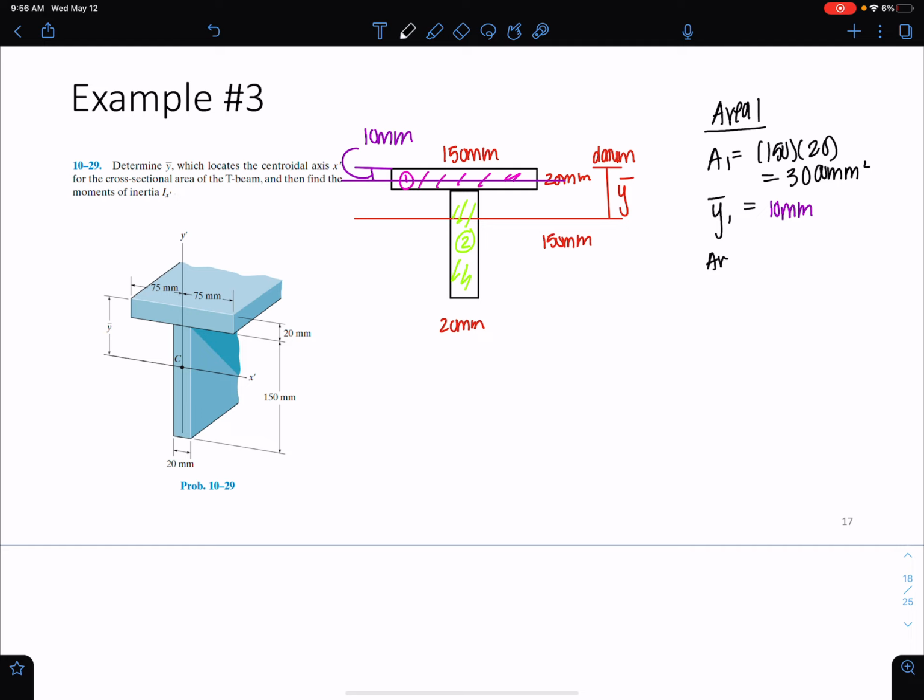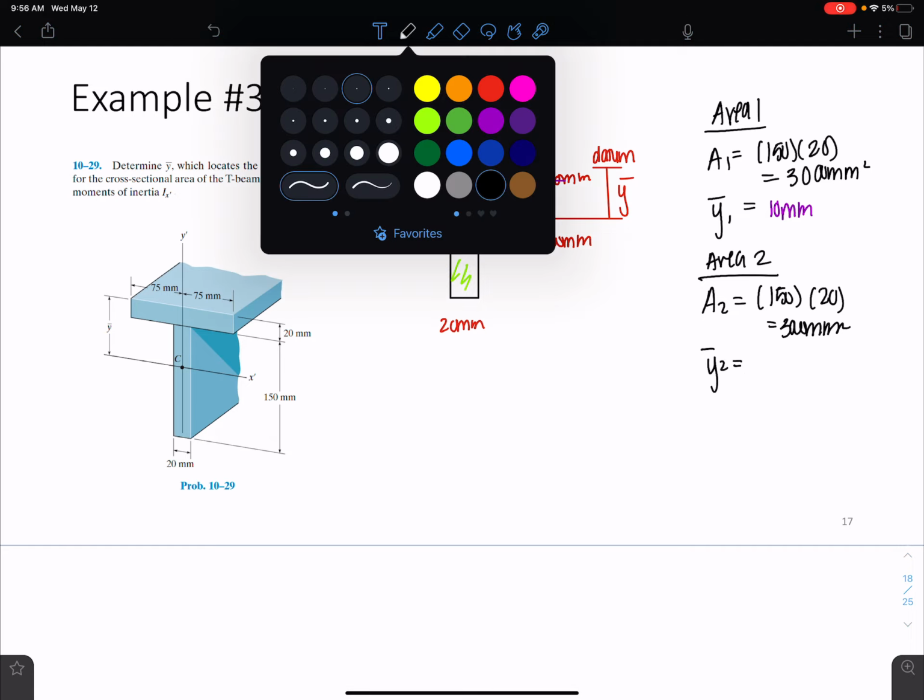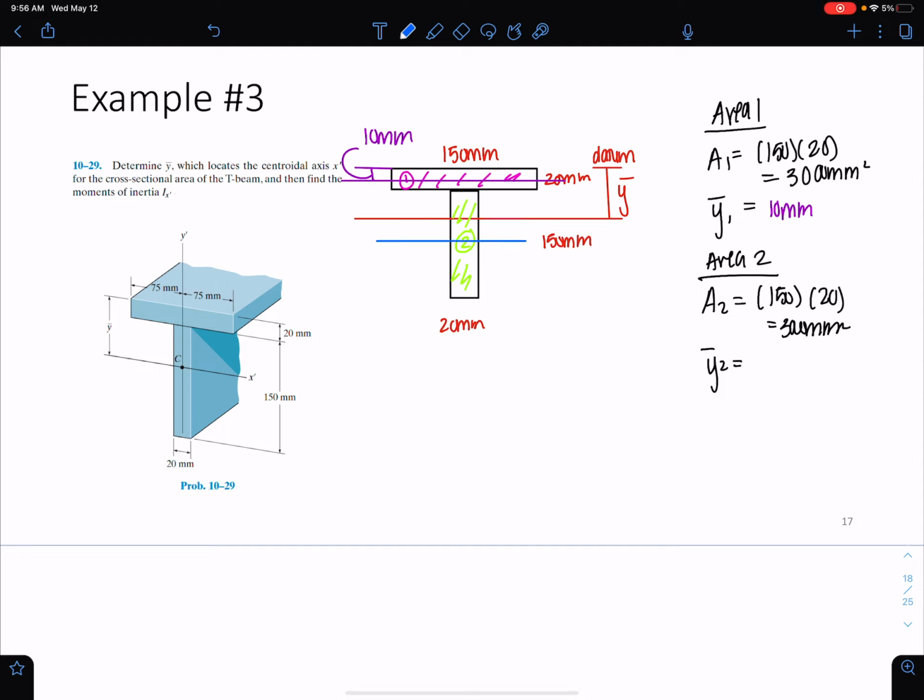Now, area 2: we have A2, which is also 150 times 20. And then we have y bar 2, which is the distance from the middle of area 2 to the datum. So we're going to have 20 plus half of 150.